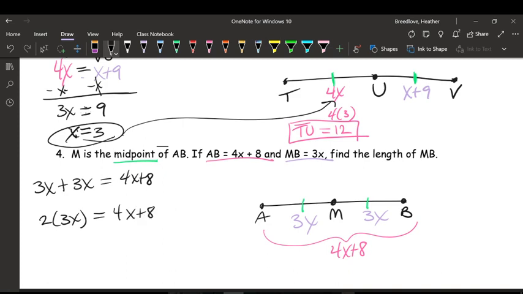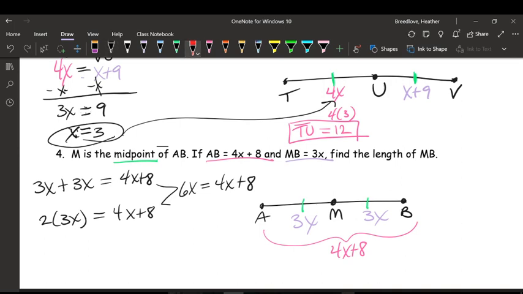Both of those mean the same thing. If you either add it or multiply it, it's up to you, because 3x plus 3x is 6x, 2 times 3x is 6x. So they both end up being 6x equals 4x plus 8.